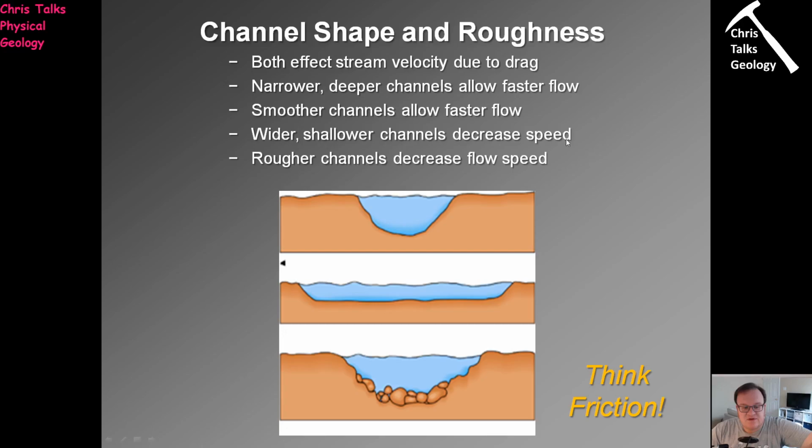In contrast, a meandering river will often be able to move material a bit faster because it has a nice smooth channel, and that channel is quite narrow and deep. So bear that in mind. I know it seems counterintuitive. You would expect the river in the mountainous terrain to obviously have the higher velocity, but it doesn't always.